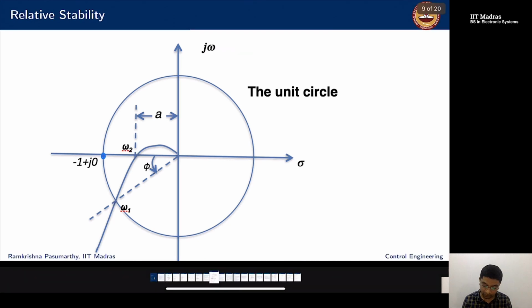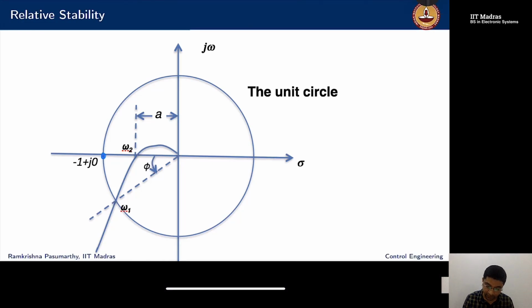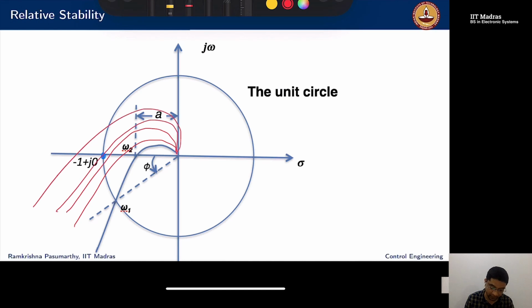Now, how does one quantify relative stability? If I keep on increasing the gain k, let me see what happens. At some k, I'm here at a. After some other gain, I might be here, and at some other gain, I might be here. Eventually, at some gain, I cross the point -1 plus j0, and then I go away.